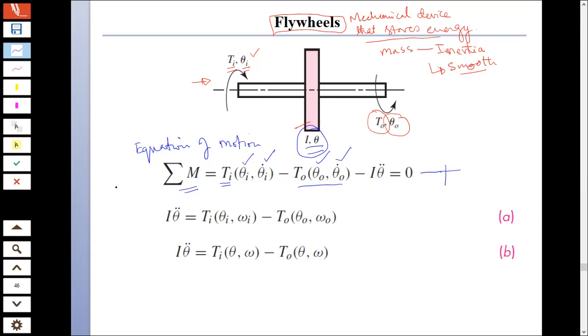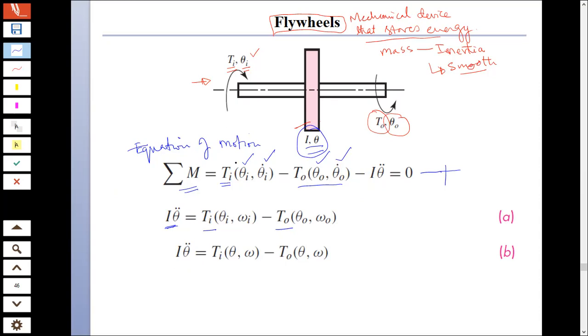Now, we can rearrange this equation, and that would look like I theta double dot on one side, and that will be equal to Ti minus T naught on the other side.